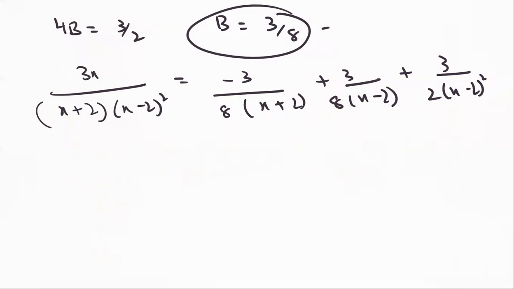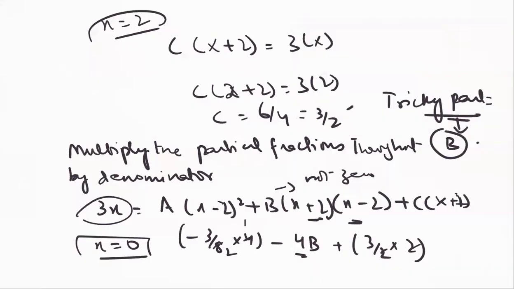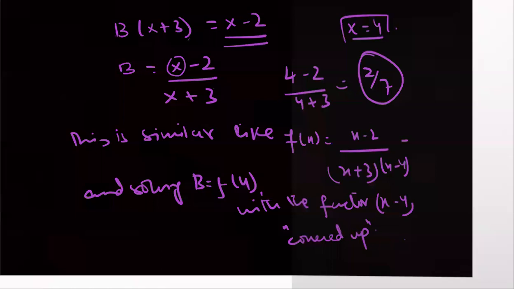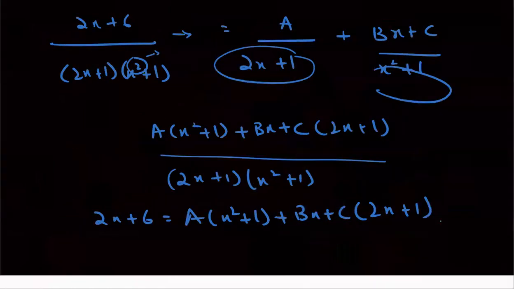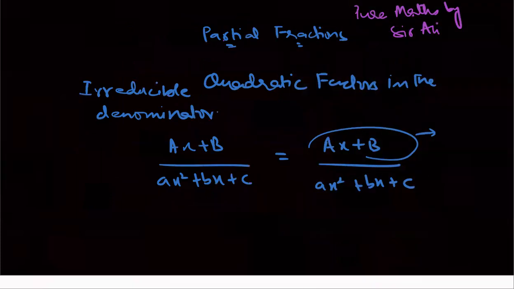Right. So in today's class, what we have discussed, we started off with irreducible quadratic factors in the denominator. We looked at a quadratic factor in the denominator and how we will be converting it into a partial fraction.